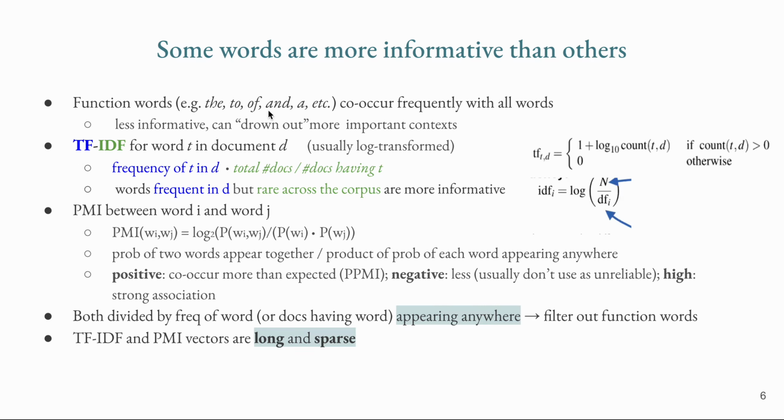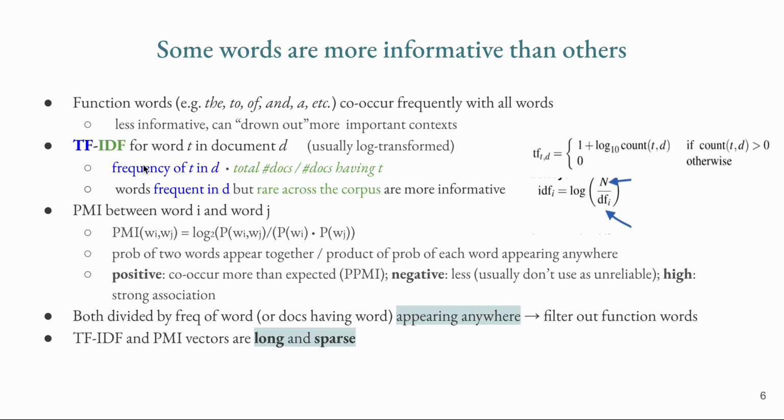filtering out these words. So we have TF-IDF, that is term frequency, inverse document frequency, and pointwise mutual information. Basically, what both of these do is divide. For instance, in term frequency inverse document frequency, they try to look for words that are frequent in this document but rare across other documents.